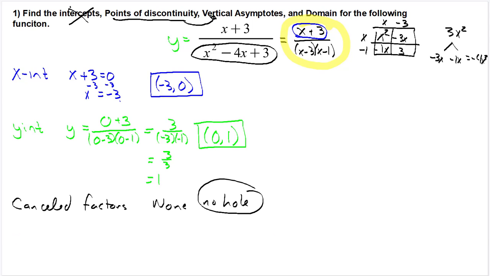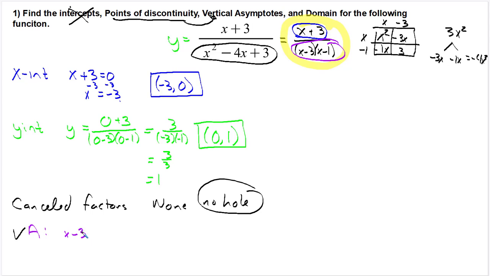And then the last thing that we're going to be finding is our vertical asymptotes. I use VA to stand for vertical asymptotes. That's when I set my denominator after it's been factored equal to 0.